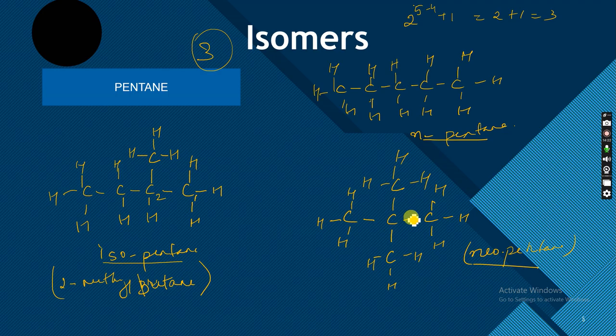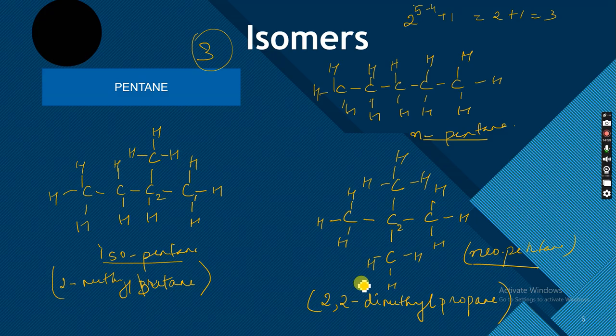If you have to write the numbering, the position is second. Here also a methyl group is there, and here also a methyl group, so 2 methyl groups are there, so dimethyl. In the second position 2 methyl groups, so we write 2,2-dimethyl. Then the root word: 3 carbons are there, so propane.